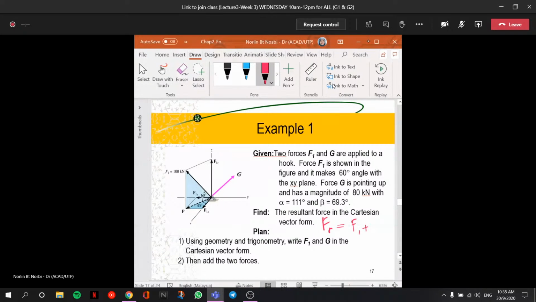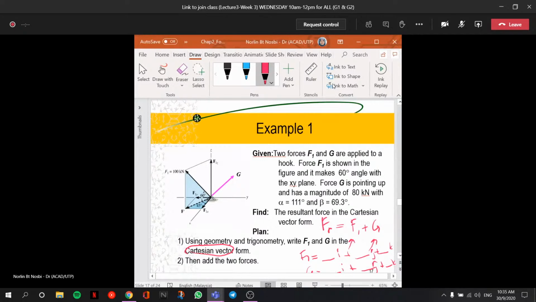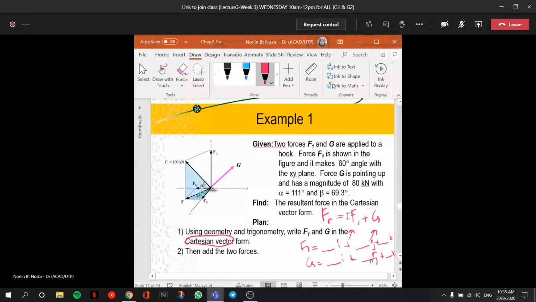You need to find F1 equals what i plus what j plus what k, and then for G as well, what i plus what j plus what k. So how are you going to find it?